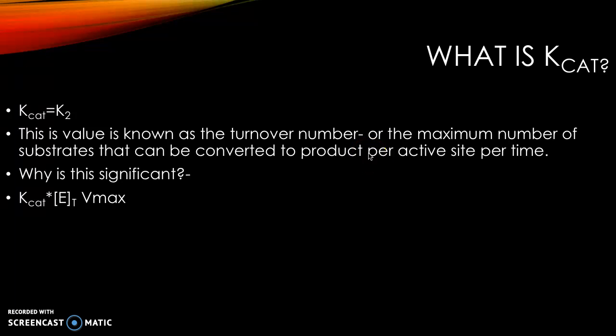Why is that significant? Because when you multiply the turnover number by E total, the total amount of enzyme, you get Vmax, which is the maximum velocity attained when total enzyme is bound to substrate. We can substitute Vmax for Kcat times E total in our equation to get the final equation.